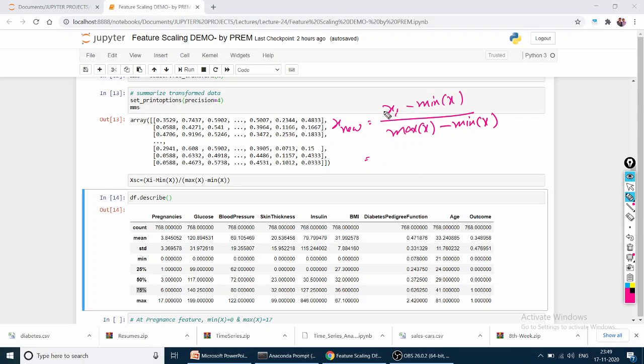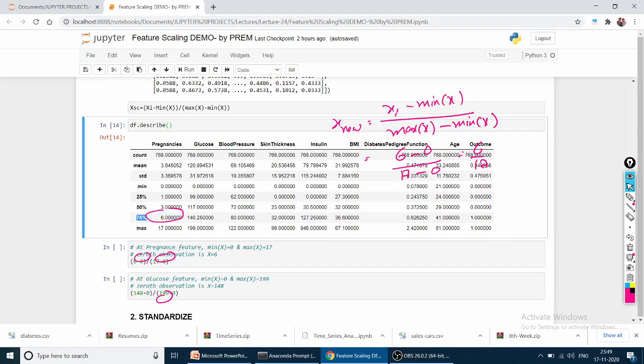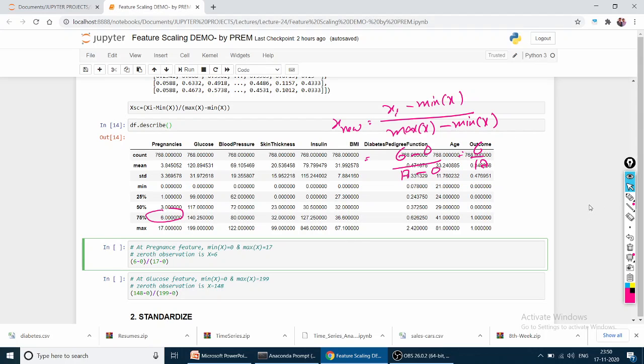Here the Xi value I am considering is 6, and the minimum of X. For the pregnancy column, the minimum value is 0 and the maximum is 17. So minimum 0 and maximum 17, and the denominator is 17 minus 0. This is 6 minus 0 over 17 minus 0.